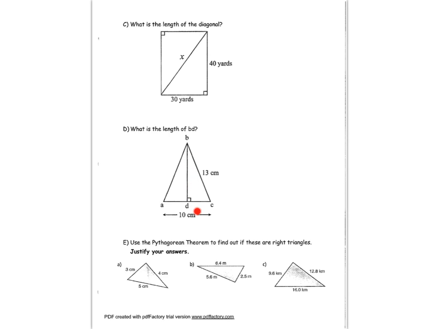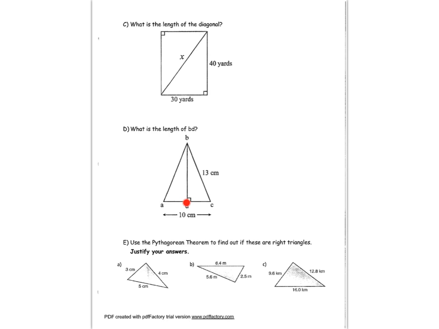BD, they gave us the hypotenuse and wants to find a side. The challenge here is that they gave us the entire base of the triangle. Now, we haven't talked about this a whole lot, but we did mention before a perpendicular bisector, and it forms in a right triangle here.